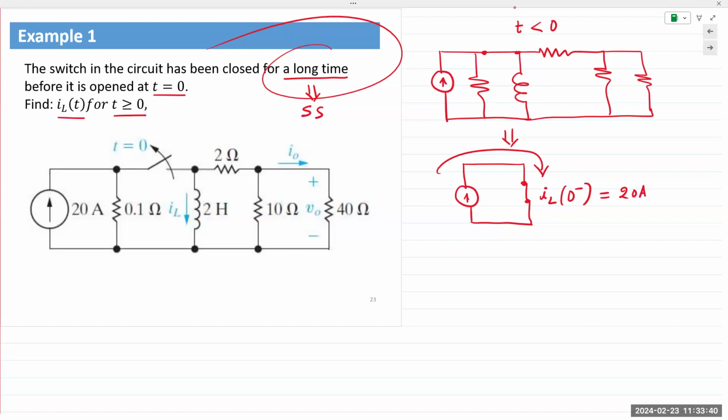Again, this is still time t less than 0. So IL, the inductor current, right before the switch is opened, is 20 amps. Again, all of this is basically just concepts and your analysis concepts from chapters 1 and 2.